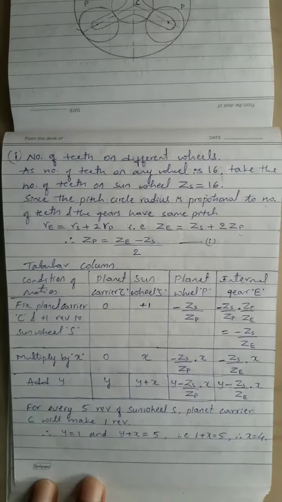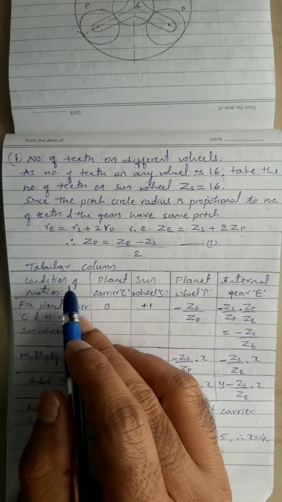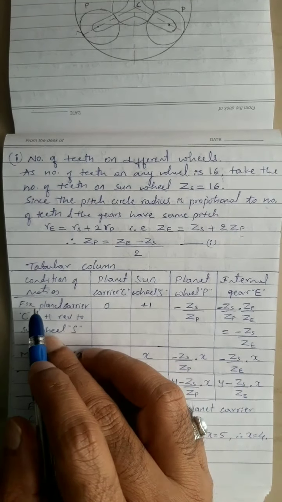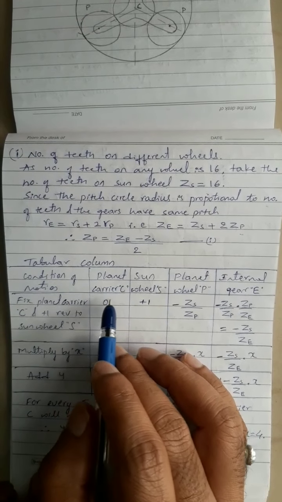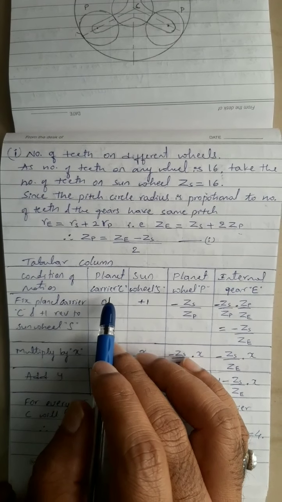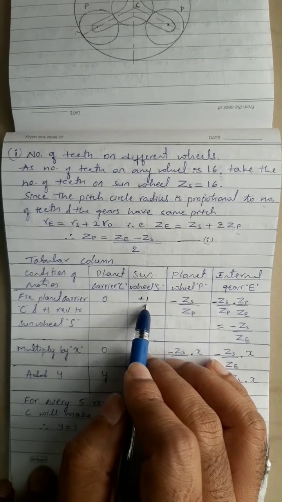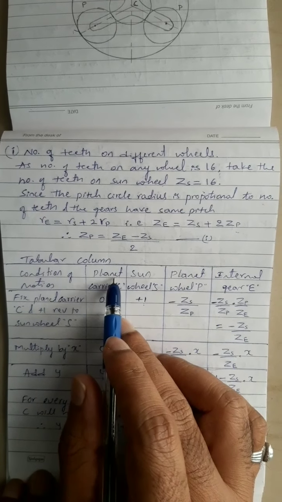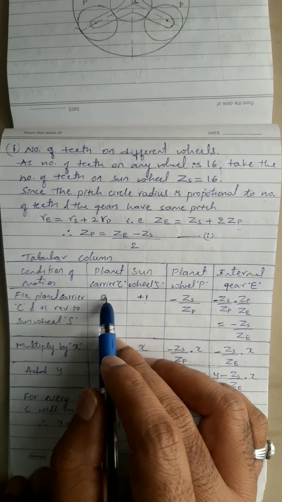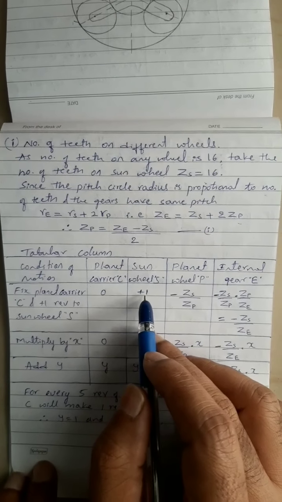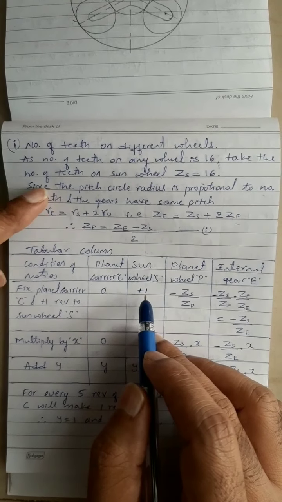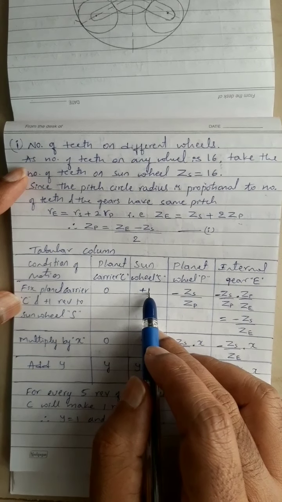Next, in the condition of motion, let us first fix the planet carrier C and give plus 1 revolution to the sun wheel S. So I will write 0 for the planet carrier since it is fixed, and I will write plus 1 for the sun wheel since it is given 1 revolution.